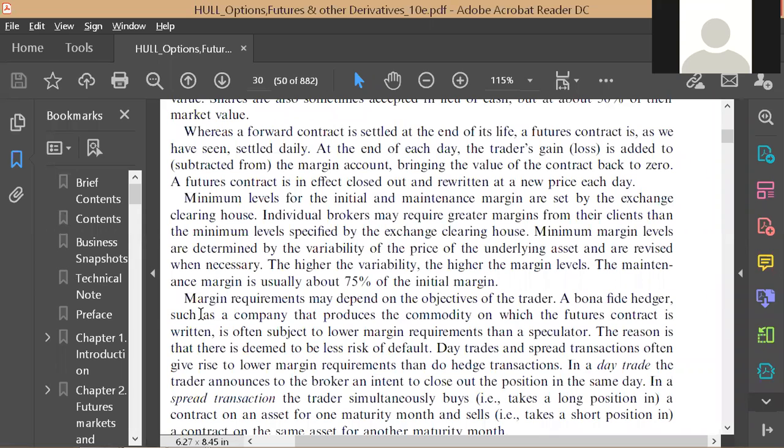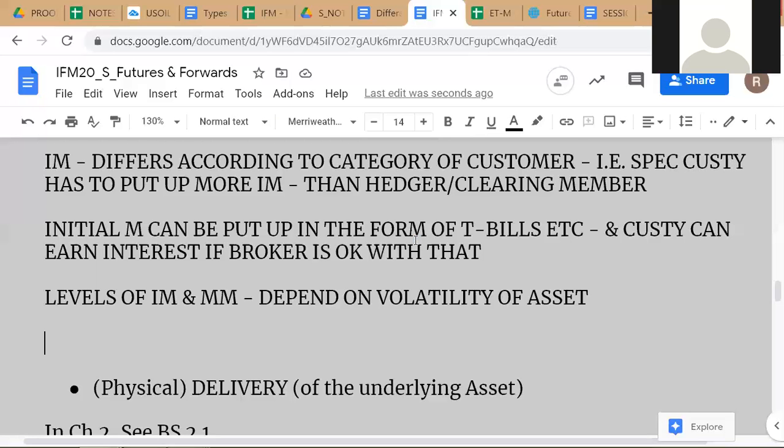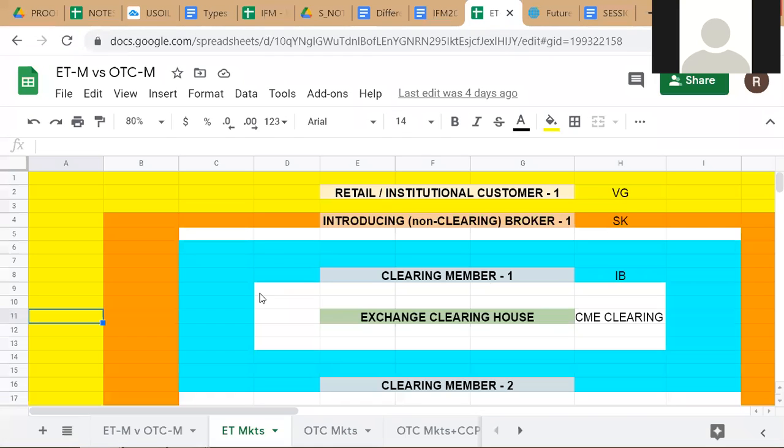Okay. So yeah, here he has also talked about this. You can see here that there's another element that individual brokers may require greater margins than the minimum levels given by the clearinghouse. Okay, so in this particular case, if we saw that 1540 was the margin for the Canadian energy futures contract, a broker might require 1540 from these guys per contract.